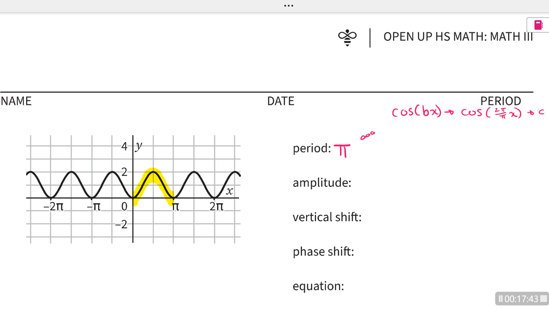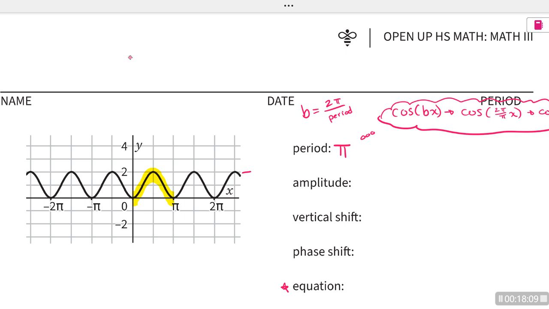So it's going to be cosine of 2x. So we'll revisit that a little bit when we actually write our equation in this last step. But remember, b equals 2 pi divided by the period. And just like period is 2 pi over b.